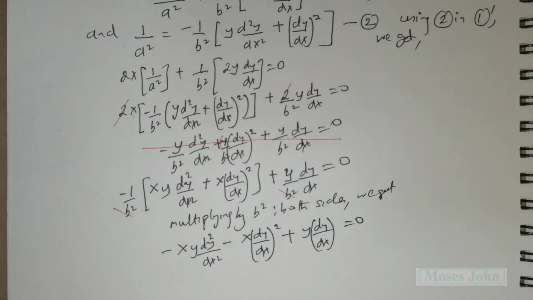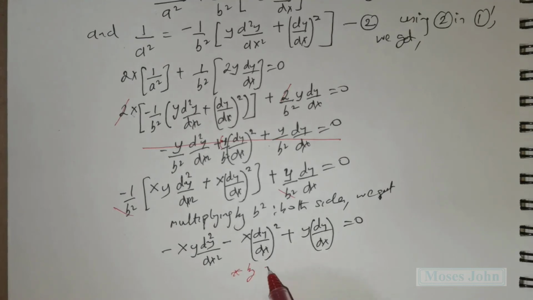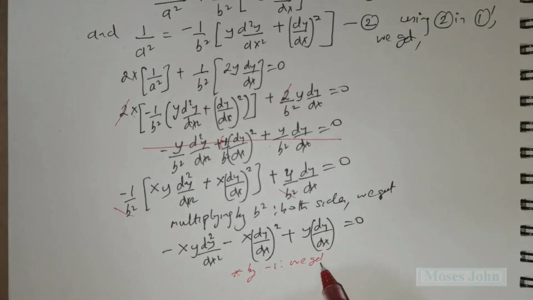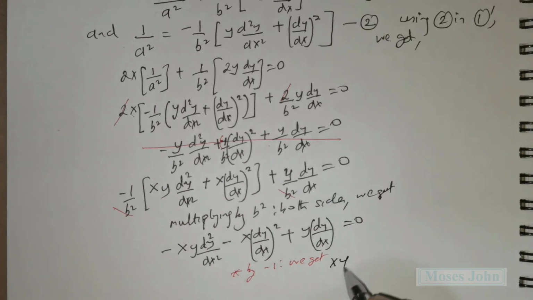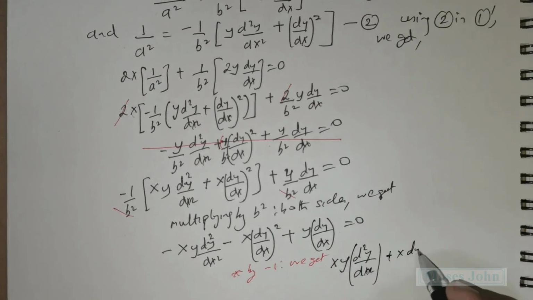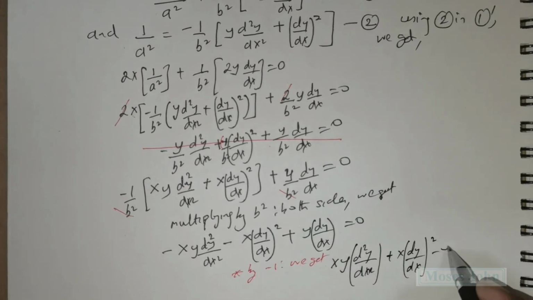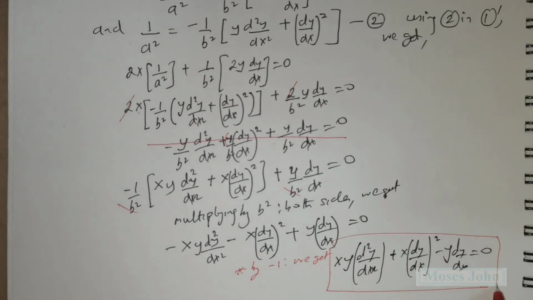Now I want to remove this negative sign, so multiplying by negative 1, the differential equation would become xy d squared y over dx squared plus x times dy over dx the whole squared minus y times dy over dx is equal to 0. So this is the required differential equation.